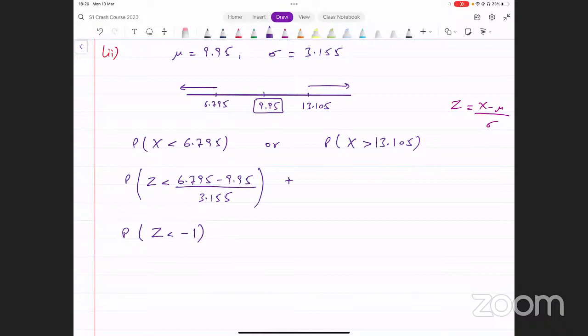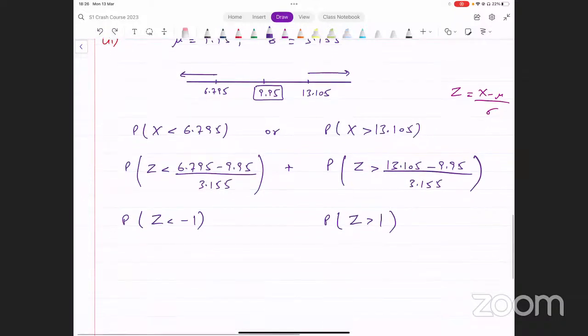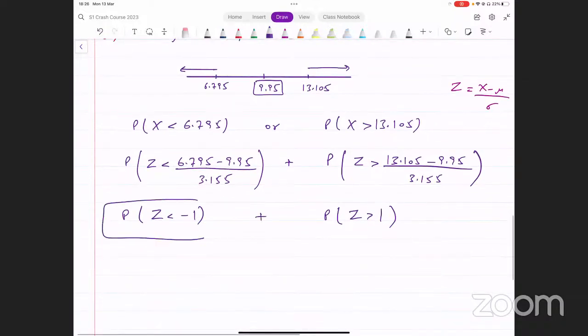Similarly, if you were to evaluate this other one, z greater than (13.105 minus 9.95) divided by 3.155, that would give you z greater than 1, because this is more than 1 standard deviation on the right side. Okay, so you just have to find these two probabilities and add them together.